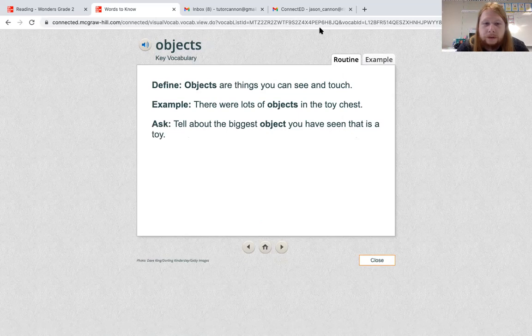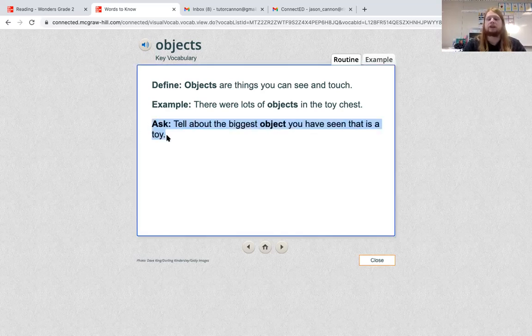So I want you in your Seesaw book, in your Seesaw or your notebook, to tell me the biggest object that you have seen that is a toy. I want you to answer this question: What is the biggest object you've ever seen that is a toy?